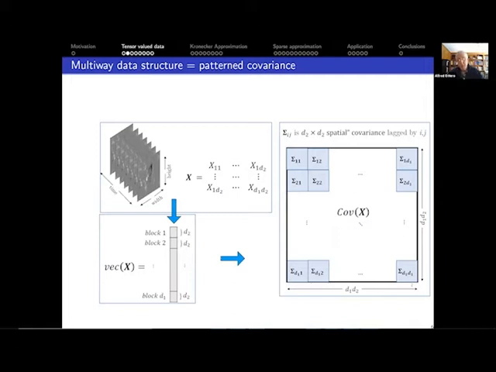And the simplest possible assumption that one might make is that all of these spatial correlations can be summarized as the same spatial correlation matrix or covariance matrix times a scalar quantity, which is the temporal correlation between time 1 and 2.